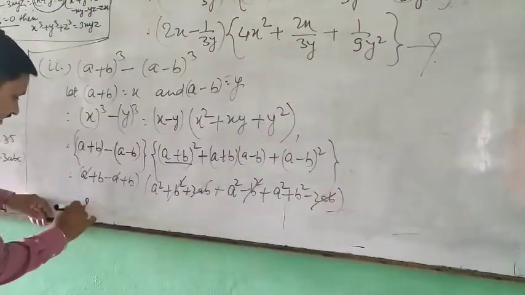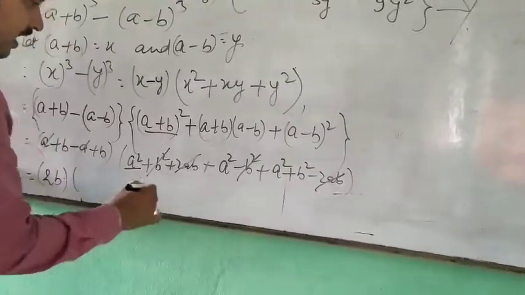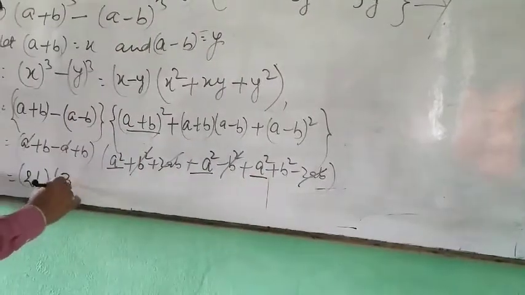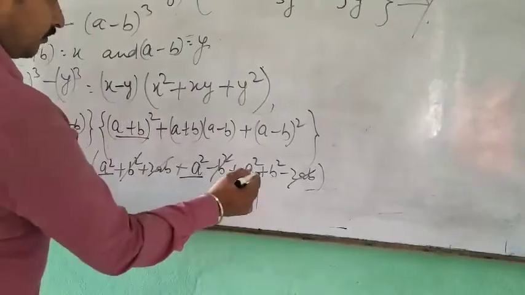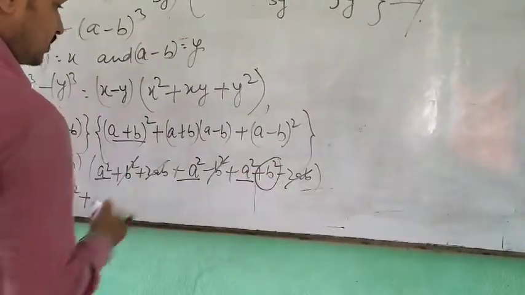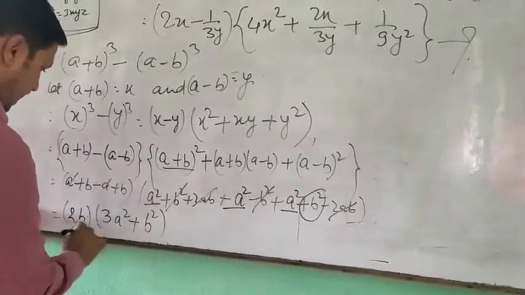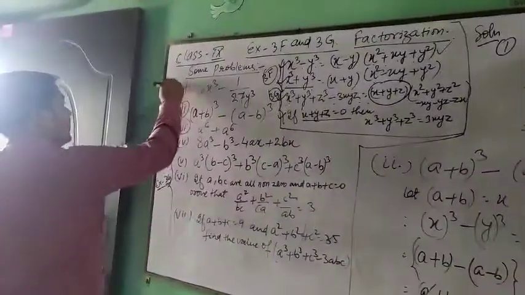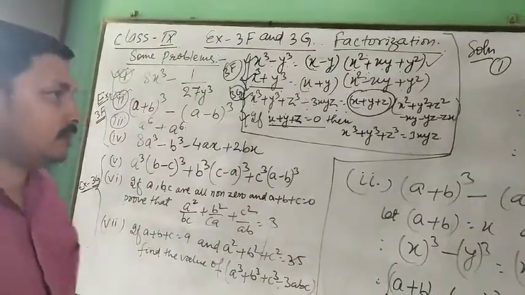Your result is twice b into a square, that means thrice a square plus only one b square. So this is your answer. So your first question and second question are completed.